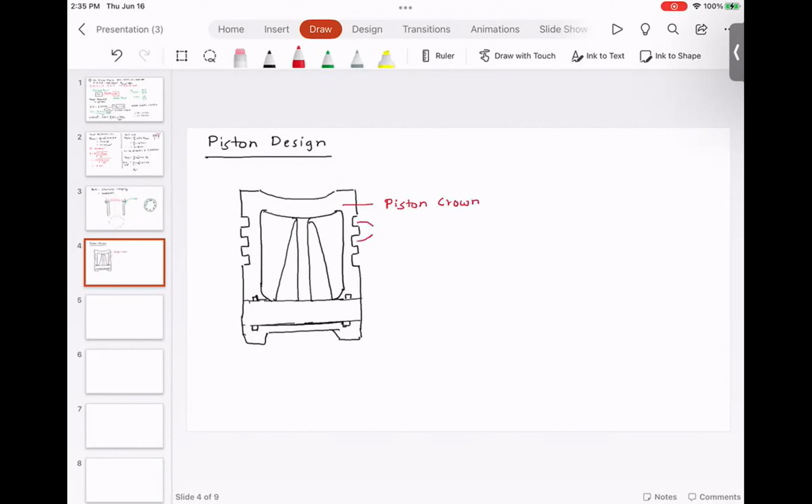These are the grooves for the piston ring. This is the groove for the oil ring. And this is where the piston pin sits. You insert the piston pin and add a circlip, so this is the circlip groove.